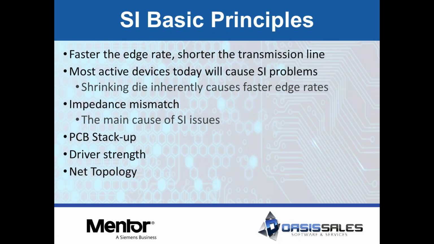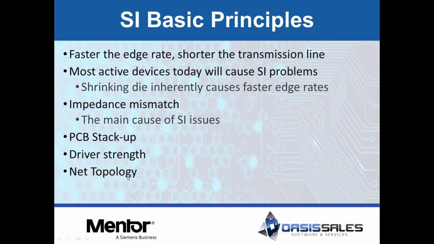So net topology is another big one for signal integrity issues. If you have a clock chip or a device that's producing a clock line that goes to multiple devices, each one of those devices can have a different input impedance. And plus there's the delay from when the signal hits one chip to the next, and it causes reflections at different times, and that's when things really start getting messy.